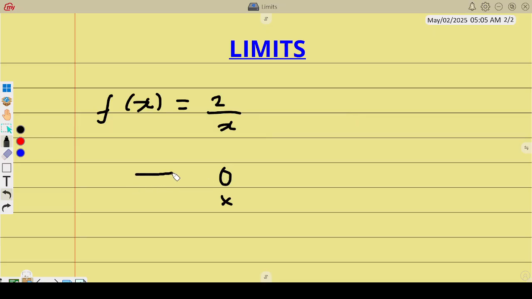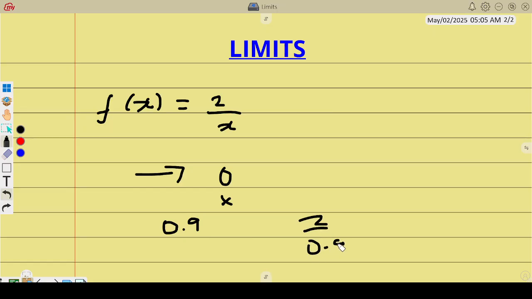Let's pick numbers which are close to 0, for example, a number like 0.9. We can have a function such as 2 over 0.9. This one is not undefined because we can divide. So what do we get when you say 2 over 0.9?